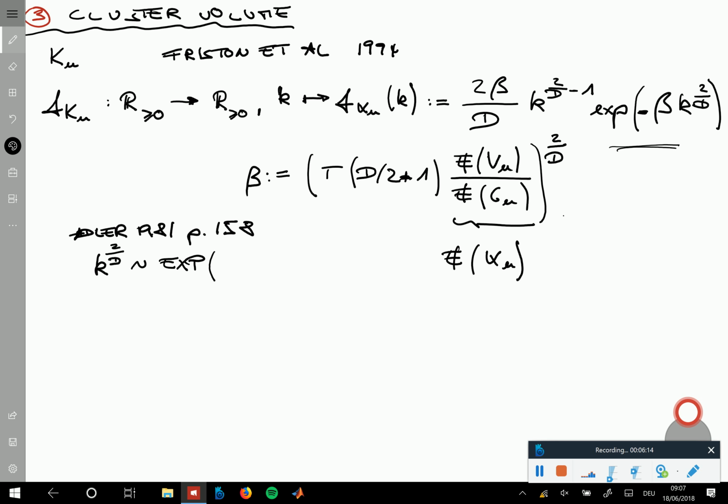I'm actually today not completely sure about this parameter business, but the important thing for today is that this K to the power of 2D is distributed according to an exponential distribution.